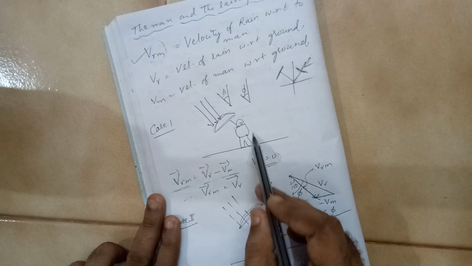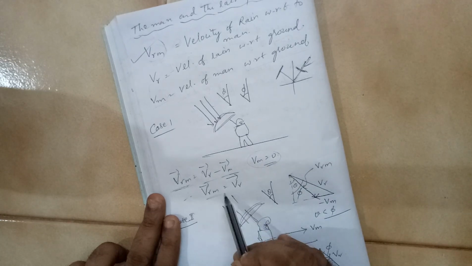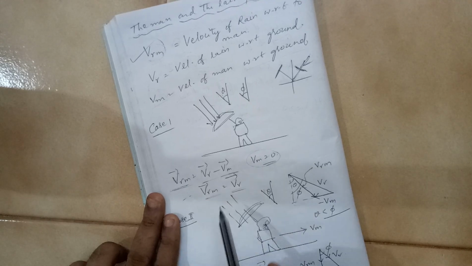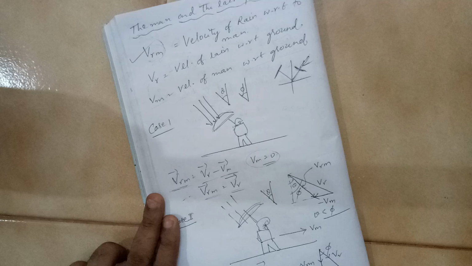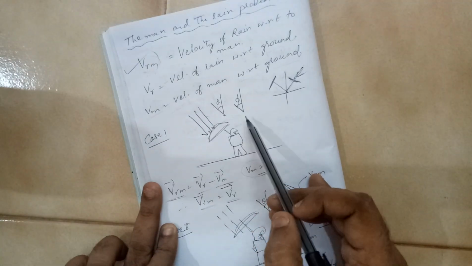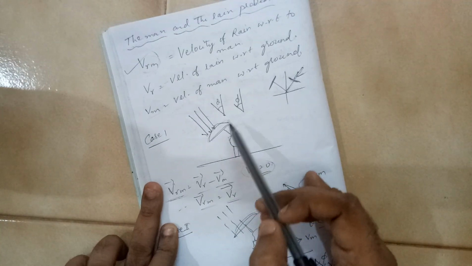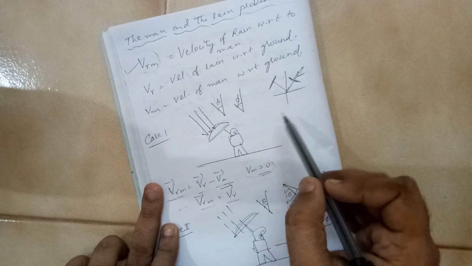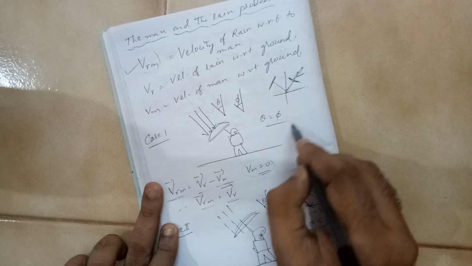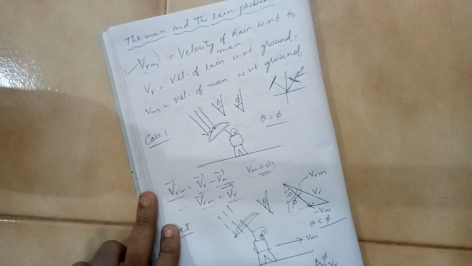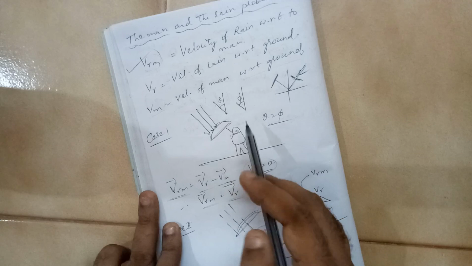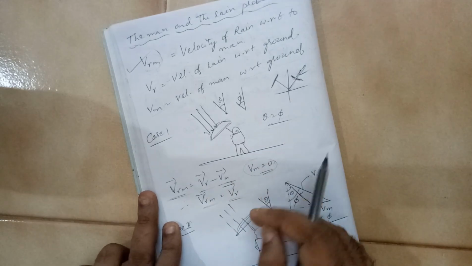Here VM is equal to 0, the man is not moving, so VRM is equal to VR. VRM tells you how you are supposed to hold the umbrella. Say you make an angle phi with the vertical, so theta will be equal to phi. Theta is the angle at which the rain is falling, and phi is the angle at which you are holding the umbrella.